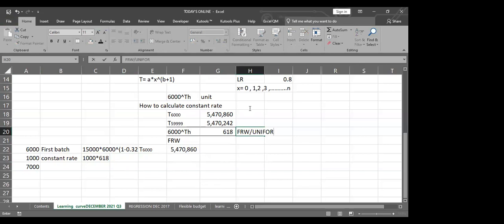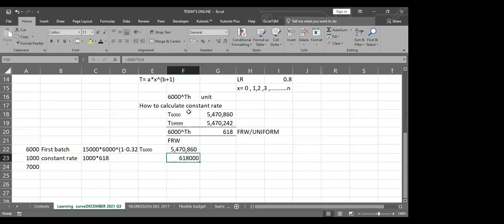So you simply multiply and get what it gives you.